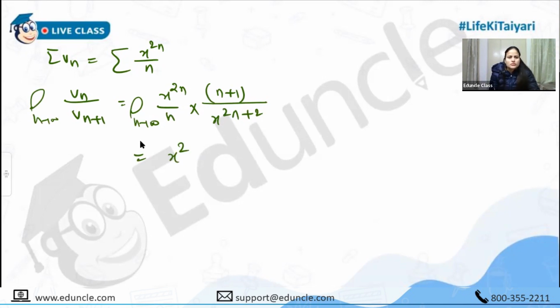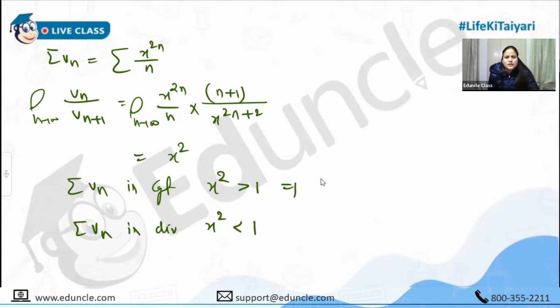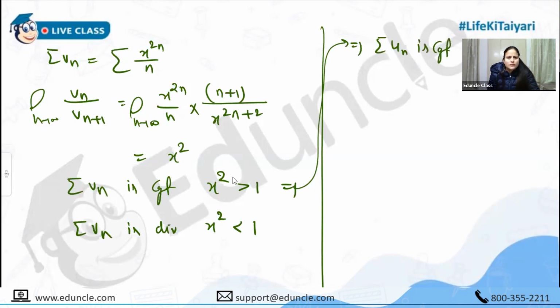So this Vn series is convergent if the limit value, x square, is greater than 1, and the series Vn is divergent if x square is less than 1. So this will imply that the series Un is convergent if mod of x square is greater than 1.